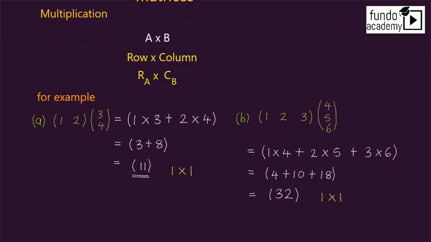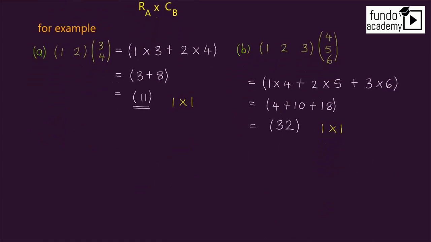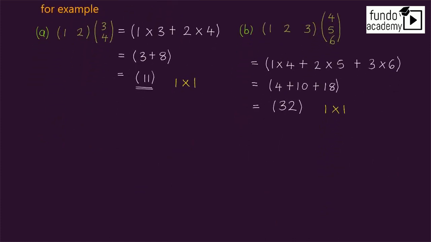Alright, let me take you to a third example, example C. On C we have the product 2, 3, that's a 1 by 2 matrix multiplying a 2 by 2 matrix 3, 0, 1, 4. Now remember what we said in our introductory video, that it is possible for us to determine the order of the result simply by using the order of the two matrices being multiplied.